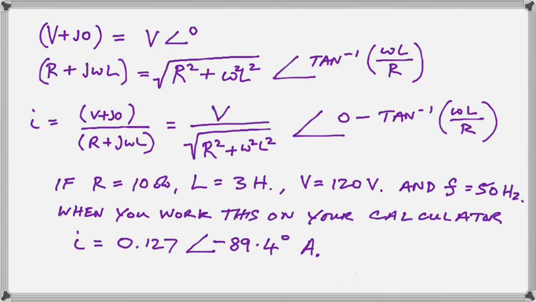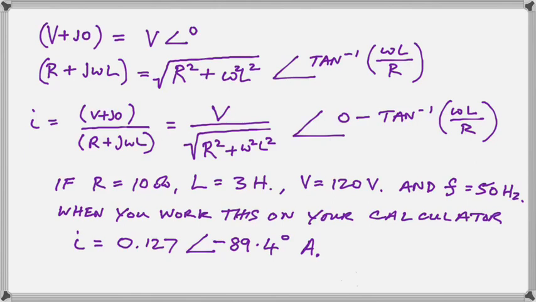Because most students, in my experience, can't work their calculators. Most of their errors come because they simply don't know how to work their calculators, strange as that may seem. So we give you a numerical answer there, which of course is not exact, but to a few significant figures: 0.127 with an angle of minus 89.4 degrees.